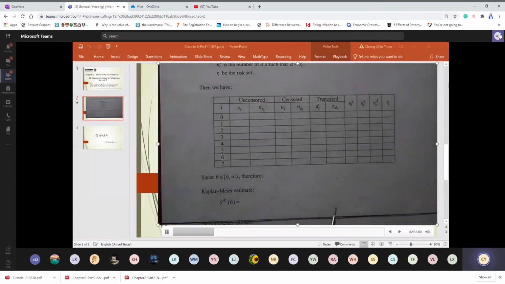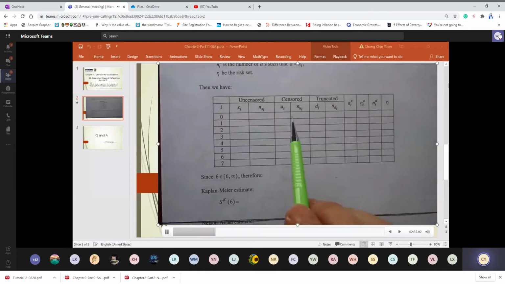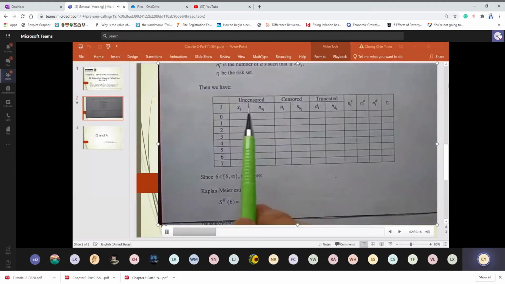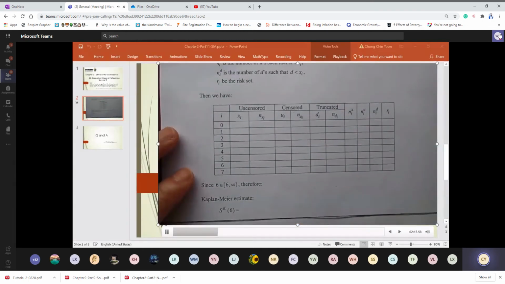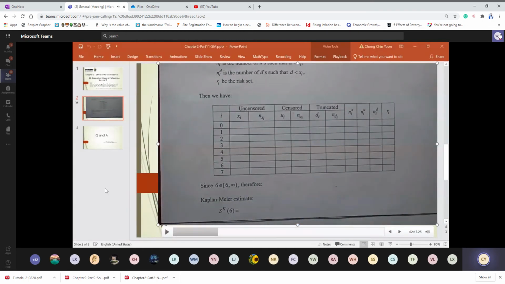Now for this example 10, I'm going to use only one table, which is different from the method we have used before. That means I'm not going to consider the y, I straight away consider the x, our uncensored value. Okay, please pay attention. Now I just use one table, instead of using two tables.